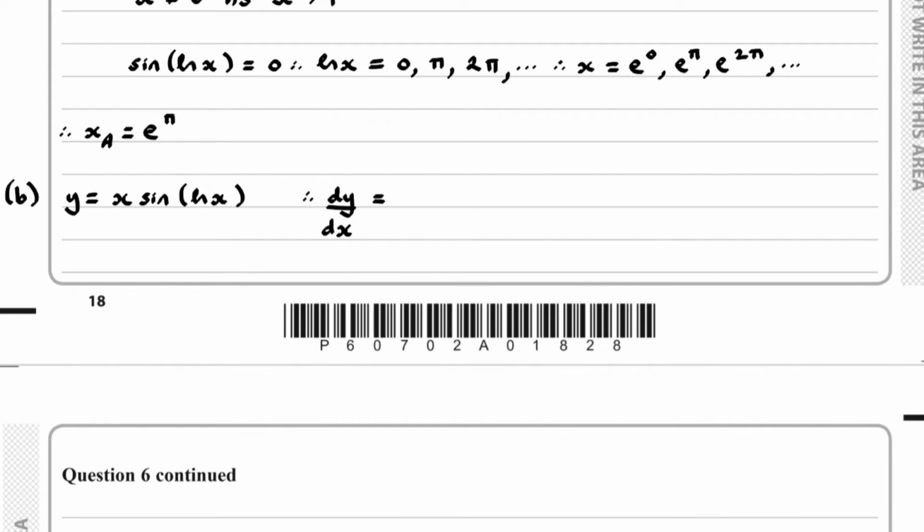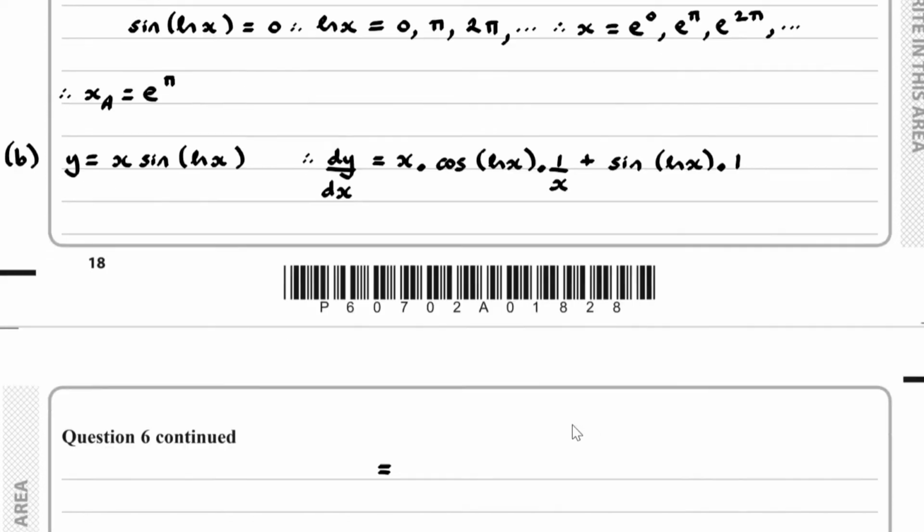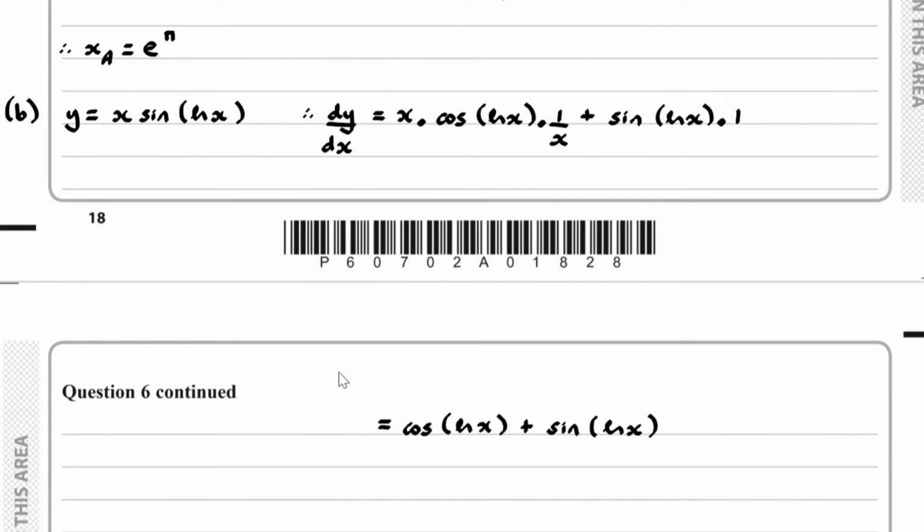If I differentiate, I need to use the product rule. I've got x multiplied by the derivative of sine of the natural log of x, which is cos of the natural log of x, times the differential of the bracket, that's 1 over x. And then I add on sine of the natural log of x times the derivative of x, which is just 1.